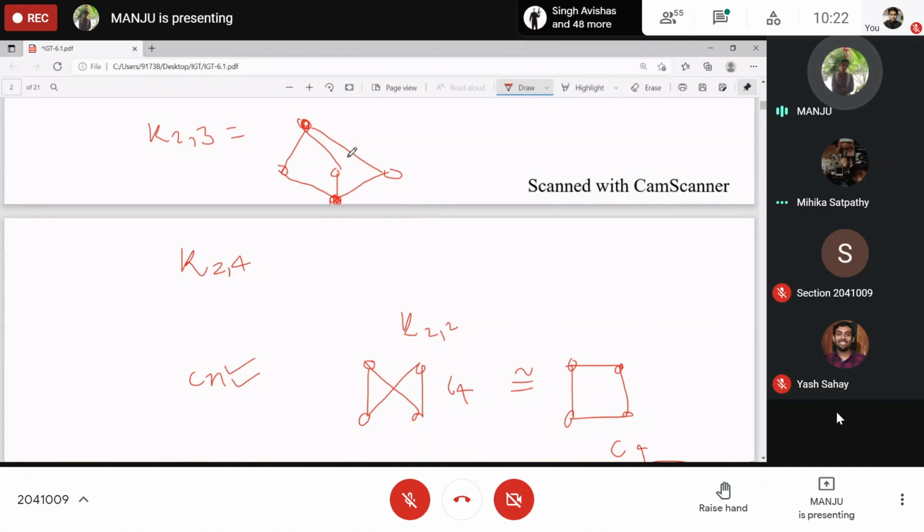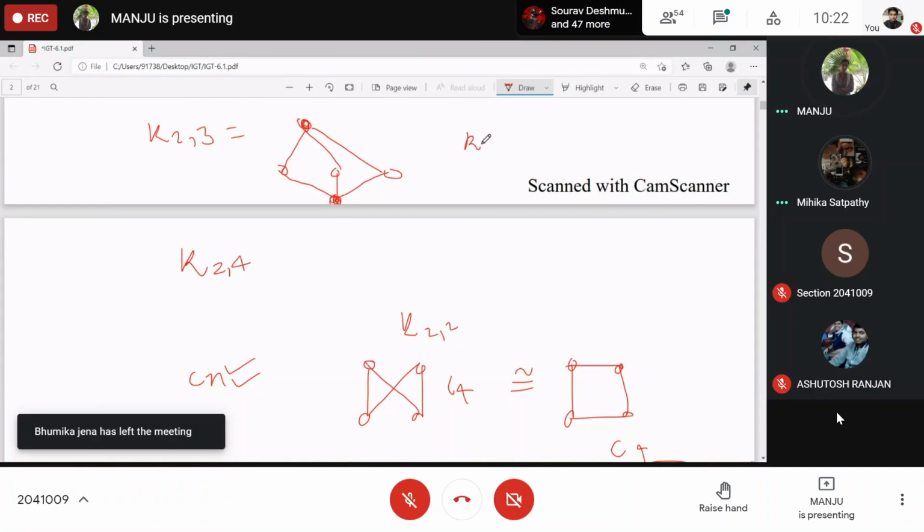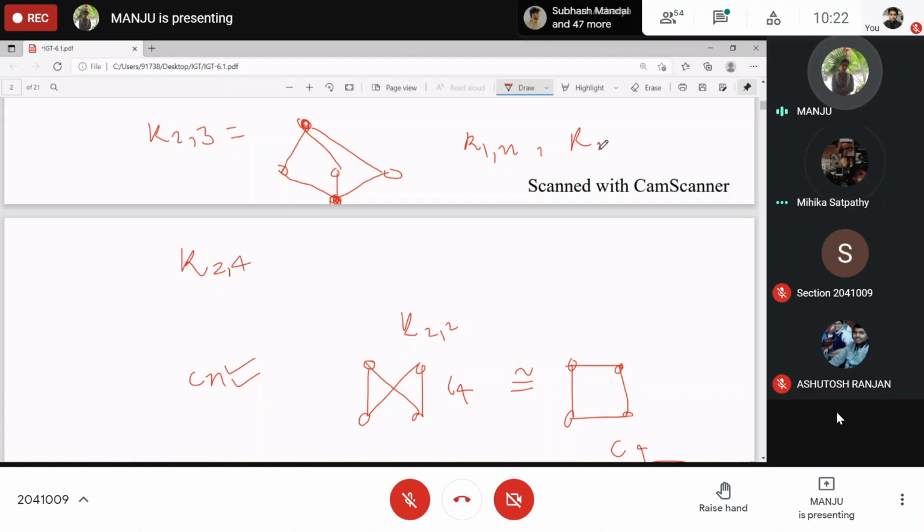What about K24? In the same way you can redraw it, right? Star, planar: K1n, or n minus 1, you can just say. K2n, planar, right? Kmn, or Kr,s: this is planar for which r and s?